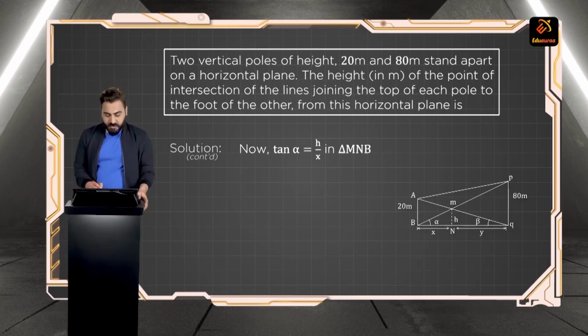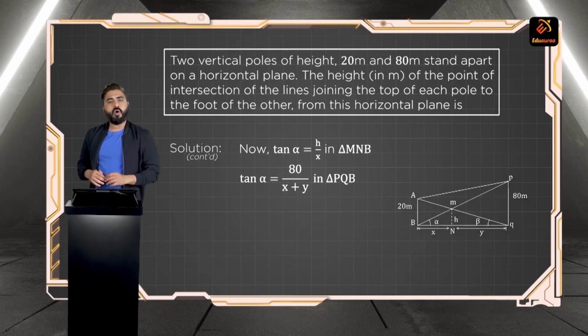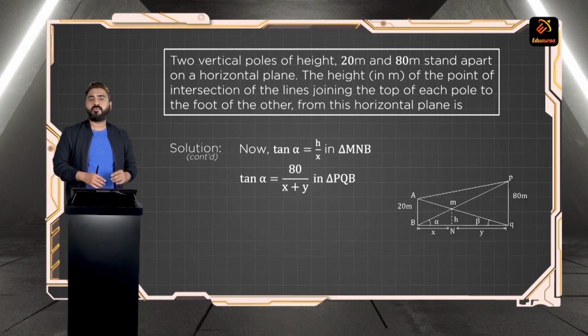And similarly, the value of tan alpha will be 80 upon X plus Y in triangle PQB. Now we get two values of tan alpha.